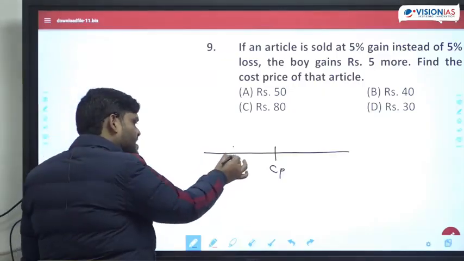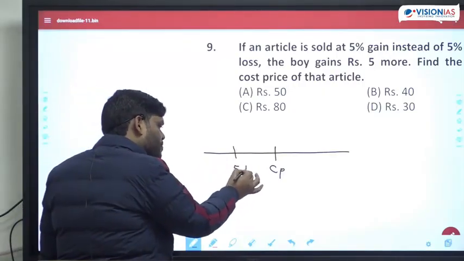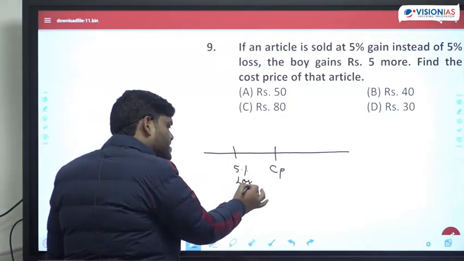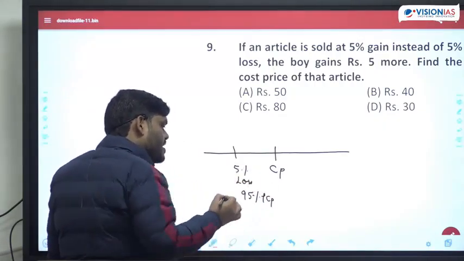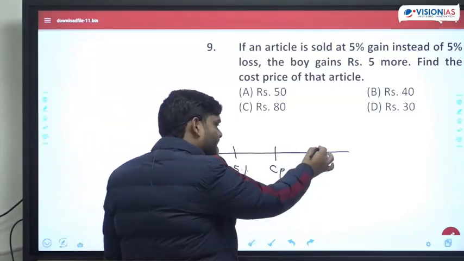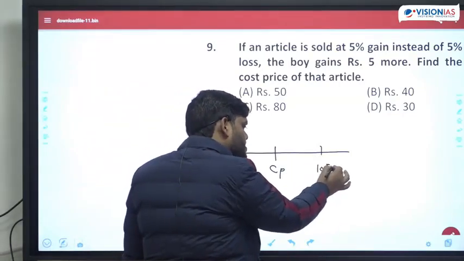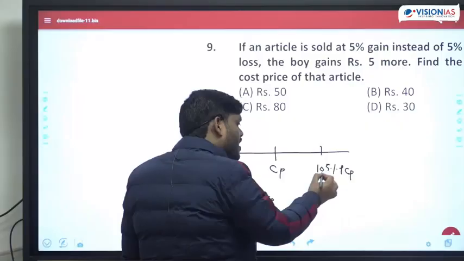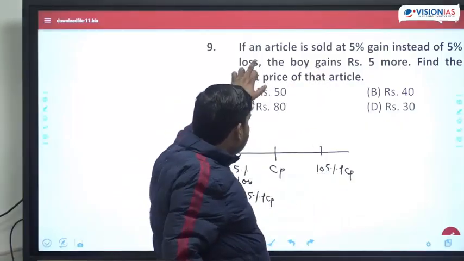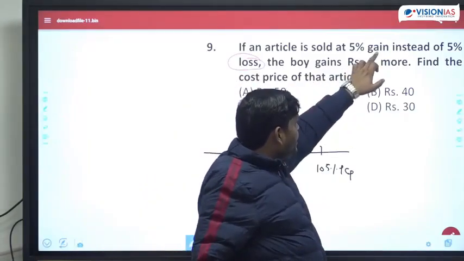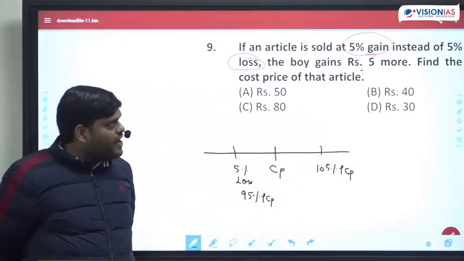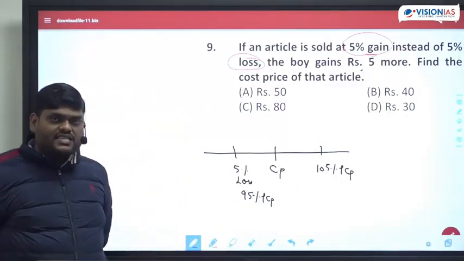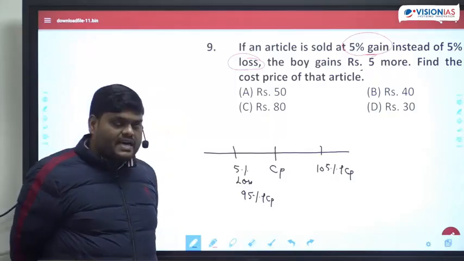That means initially the article was sold at 5% loss. 5% loss means he was selling at 95% of CP, and now he is selling at 105% of CP. Why? Because initially he was selling at 5% loss, now he is selling at 5% gain.